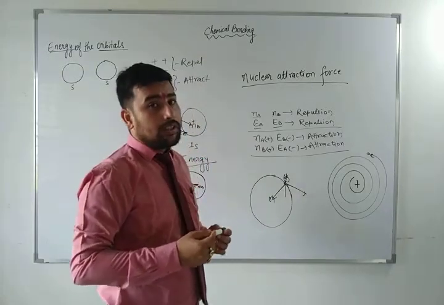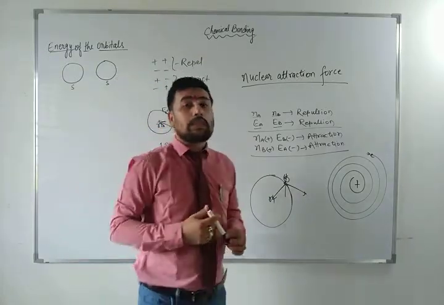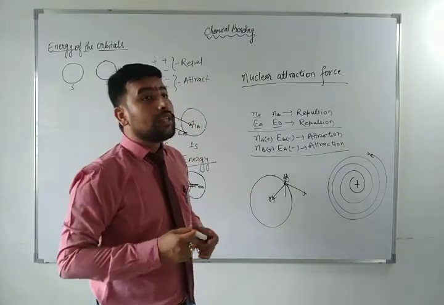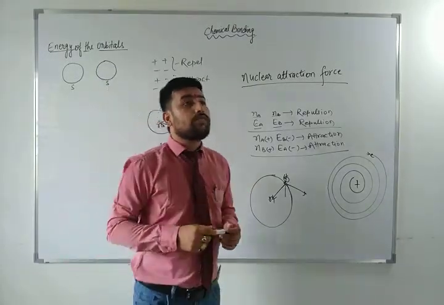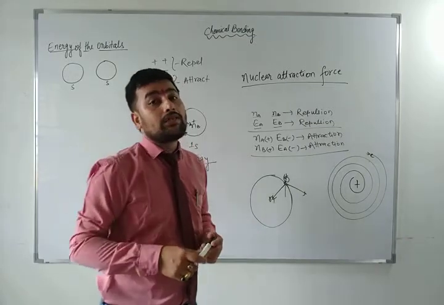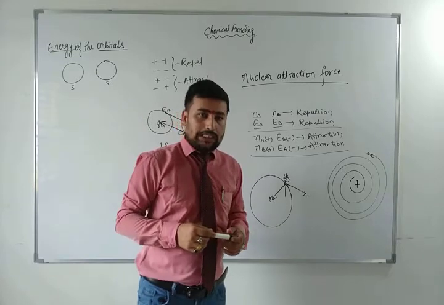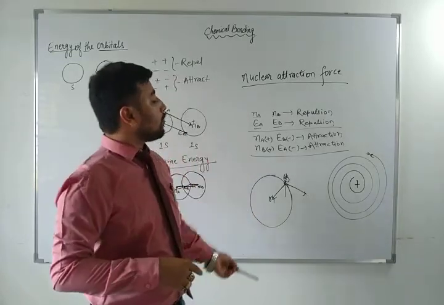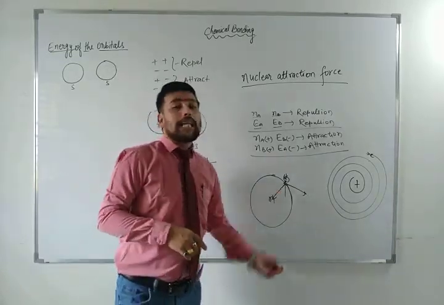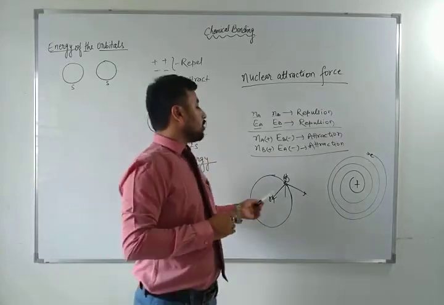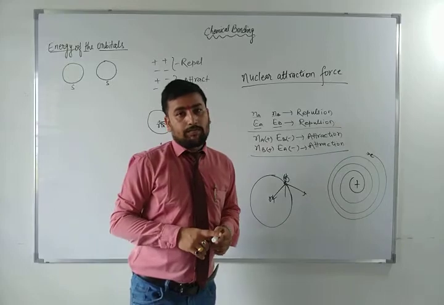You may have heard about these forces in physics, in the electrostatics chapter, as fusion force and fission force. Because of the nuclear attraction force, the electron remains in the same orbit because of the constant energy.